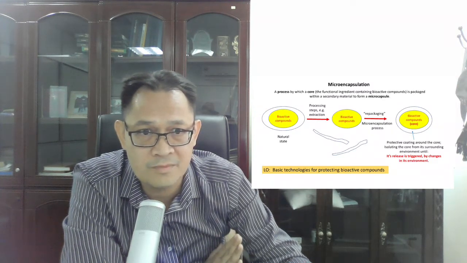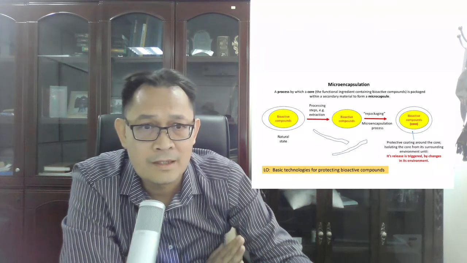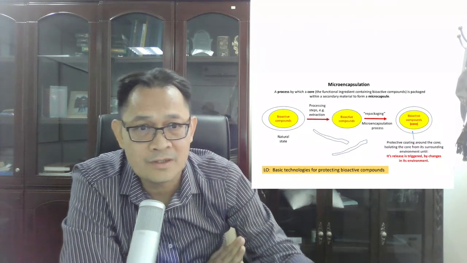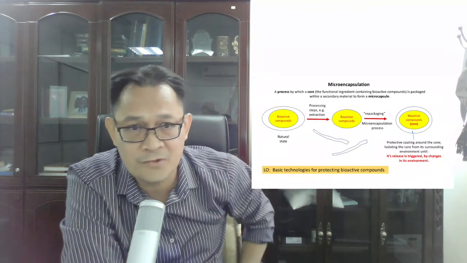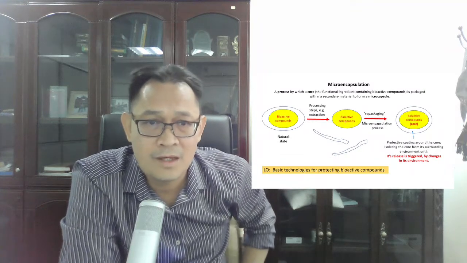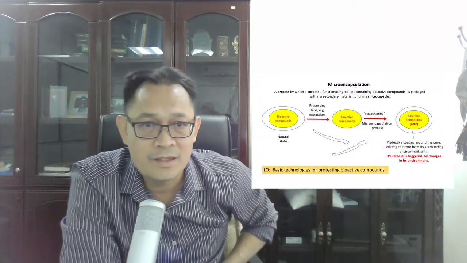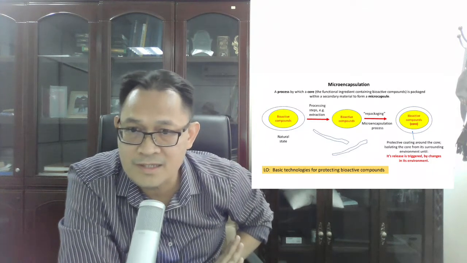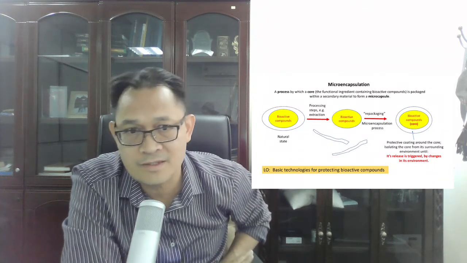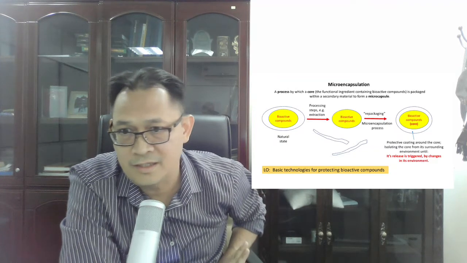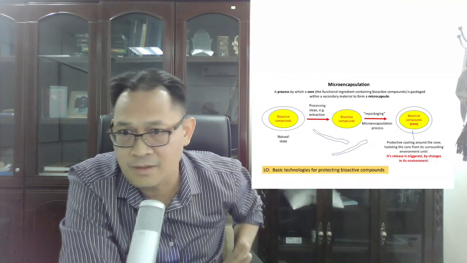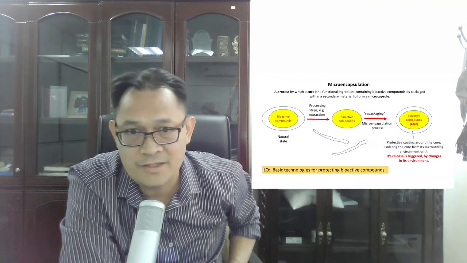You see the secondary material here surrounding the core. This protective coating around the core isolates the core from the environment until it is released due to certain factors such as changes in the pH or ionic strength, etc.